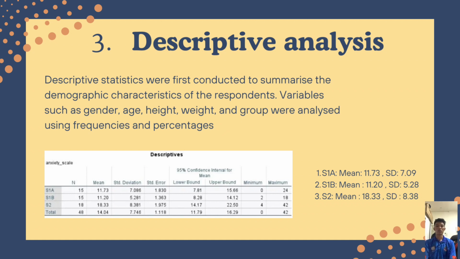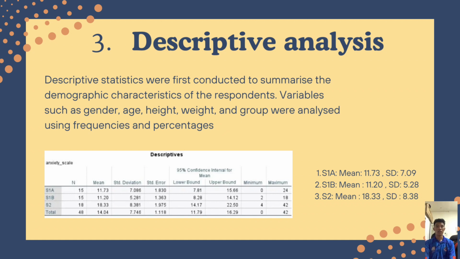The mean anxiety score was calculated to present the average level of anxiety within each group, while the standard deviation was used to describe the variability of anxiety score amongst respondents. These descriptive results allow for an initial comparison of anxiety level between the S1A, S1B, and S2 groups before conducting inferential analysis.